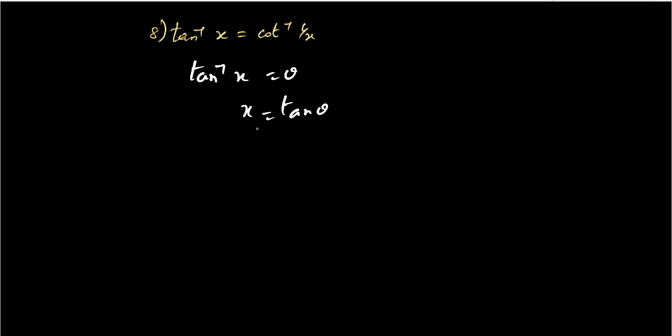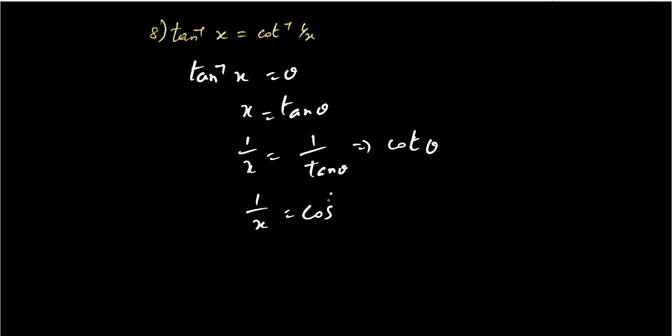If we take reciprocal on both sides, 1 by x is equal to 1 by tan theta. 1 by tan theta is nothing but cot theta. So, 1 by x is equal to cot theta. This cot, if we bring to the left hand side, it will become cot inverse of 1 by x is equal to theta.